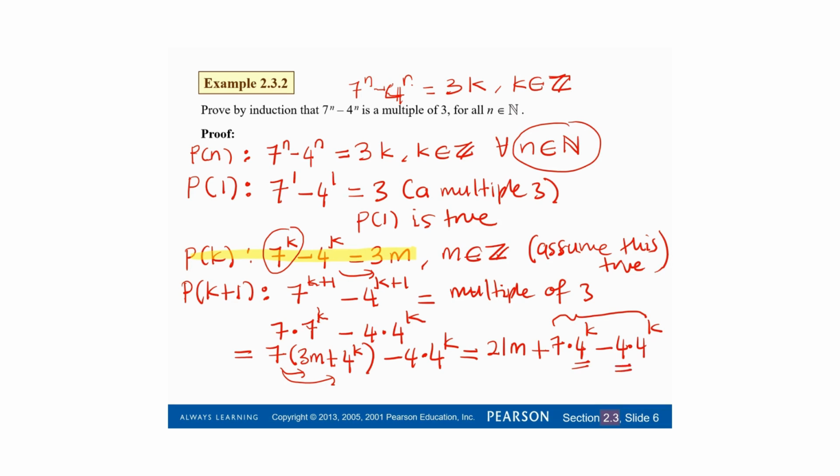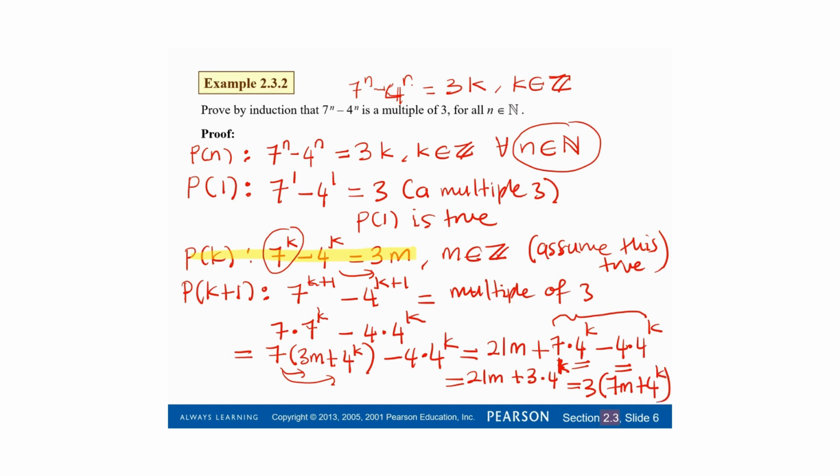So it becomes 3. So we can see that we have 21m plus 3 times 4 to the power of k. Okay, which actually has a common factor of 3. Okay, so we have what? 3 multiplied by 7m plus 4 to the power of k.